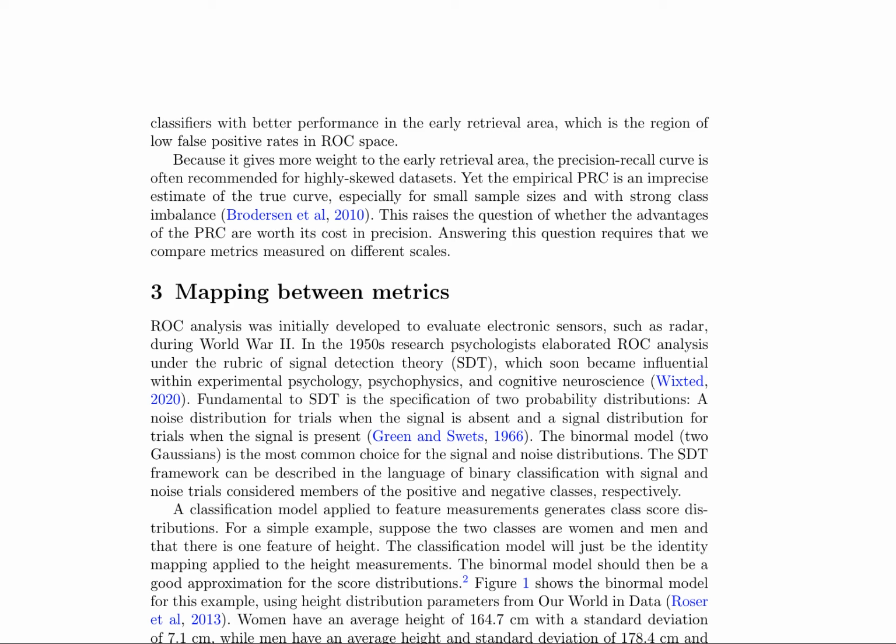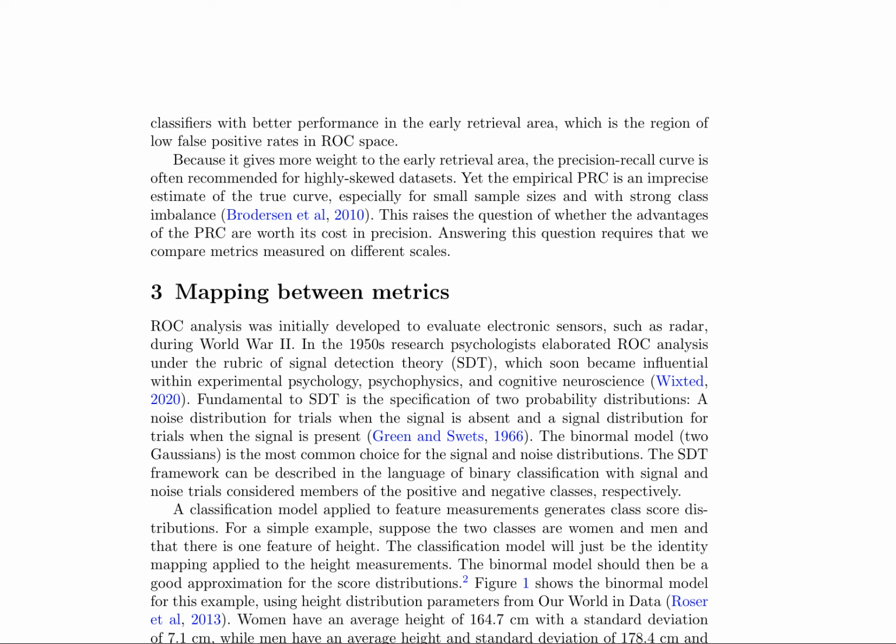The binormal model, which assumes two Gaussian distributions for the signal and noise, is a common choice for the signal and noise distributions. This model can be applied to binary classification problems, where signal and noise trials are considered members of the positive and negative classes, respectively.